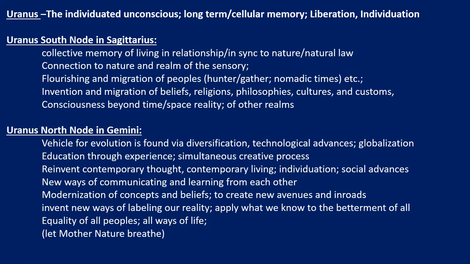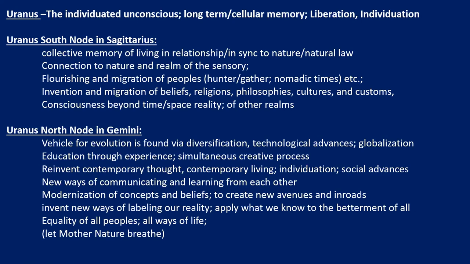How we're all downloading, you know, the North Node in Gemini correlates to the nervous system, and the nervous system is how we are registering the impulses and downloading all of that information. Reinvent the contemporary thought.